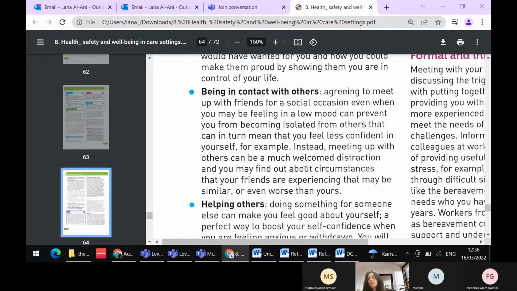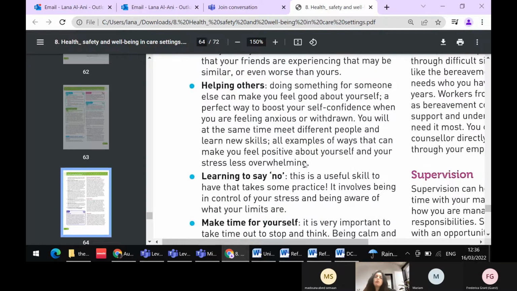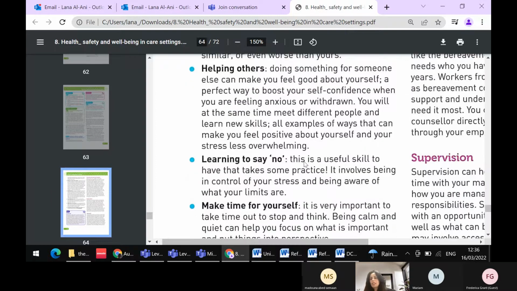When you talk about things, you feel like they are gone off your shoulders. If you keep yourself isolated, thinking about it, this will affect your mental health. Also, you can help others. When you do things for others, you will feel good about yourself, because they will thank you and appreciate it. It makes you feel perfect, and gives you self-confidence and self-assurance that you're doing really well for others.